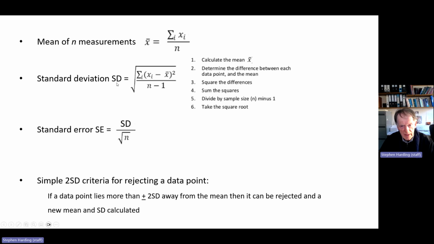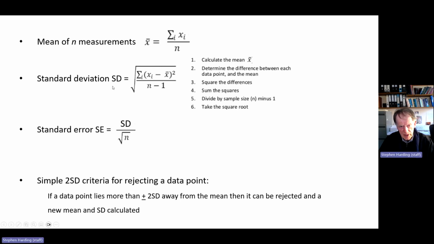That is the standard deviation. So you determine the difference between each data point and the mean. You square the differences. You sum the squares, divide by the sample size, n minus 1, and take the square root of all that. And then you can calculate a standard error, SE, which is the standard deviation divided by the square root of n. The standard deviation and standard error are not the same. That's important to remember.